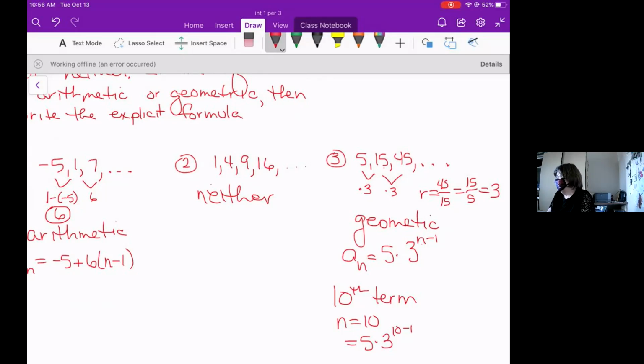It says more sequence practice. Lucas, if you want to stay on the call to ask any questions, you can. Otherwise, you can log off. I'm going to stop recording right now because there's nothing new.